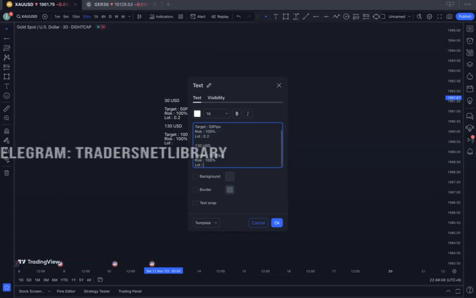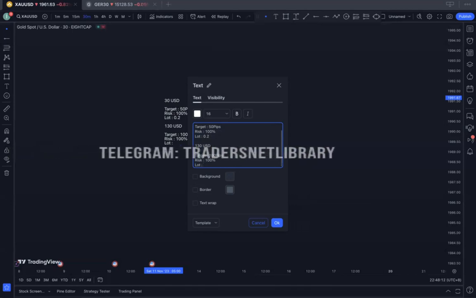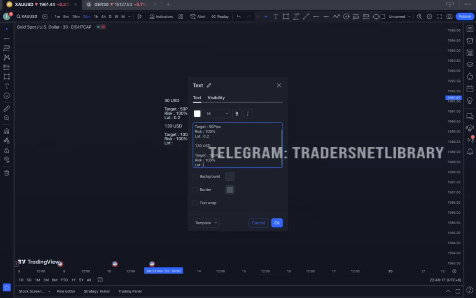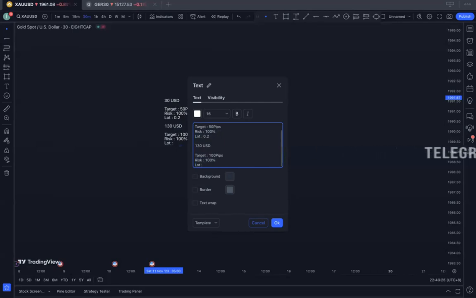So you tell me the account size first. The account size is 130. And then your risk ratio, put 100%. Okay, and then stop loss, 15 pips. 150, right? Yeah. And then your trade size 0.001.